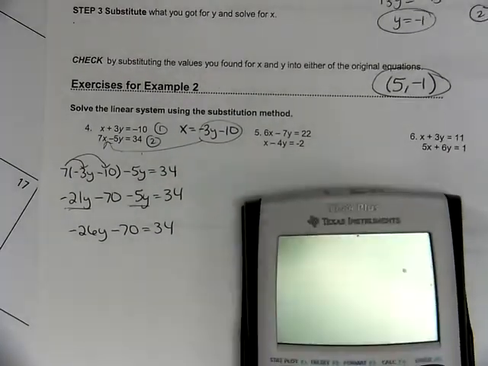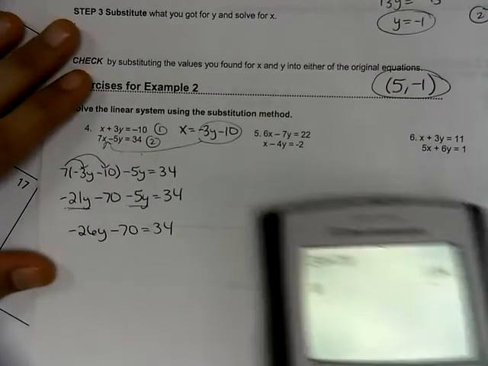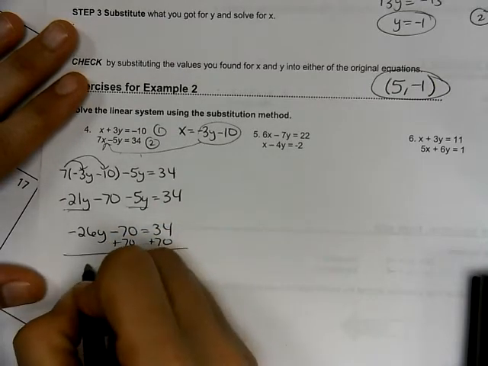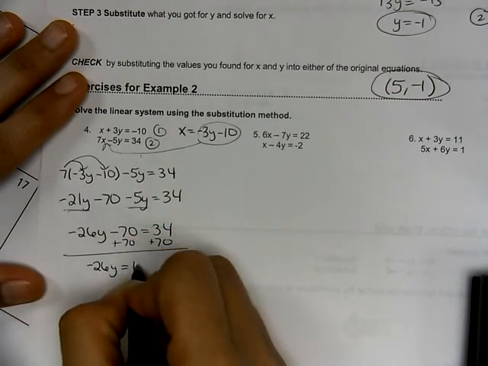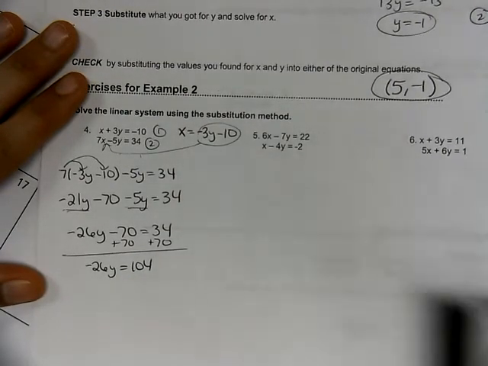Now what should I do to both sides? 34 and 70 makes 104. And then divide by negative 26, you get negative 4.